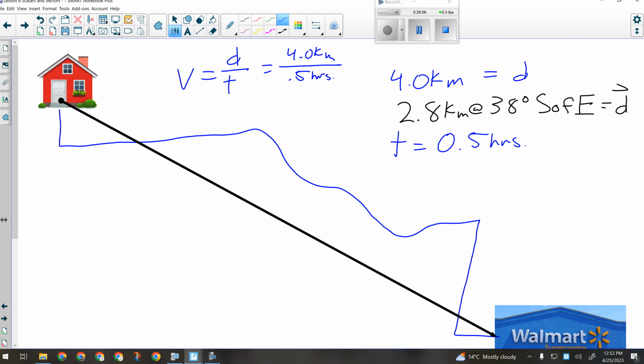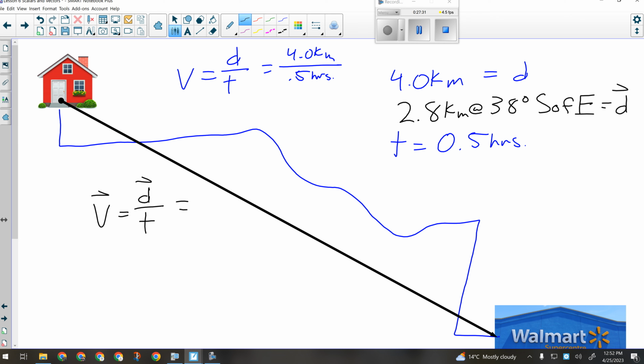What's my velocity? That's trickier. The other formula that we looked at was this one. Velocity is displacement divided by time. Velocity is a vector quantity, displacement is a vector quantity. Now, I have to do exactly the same thing.